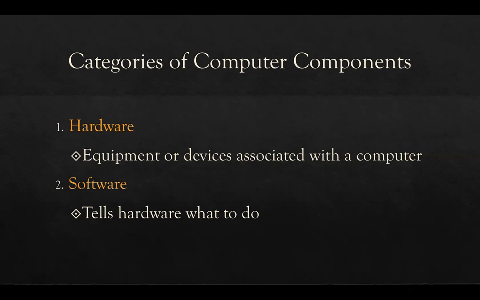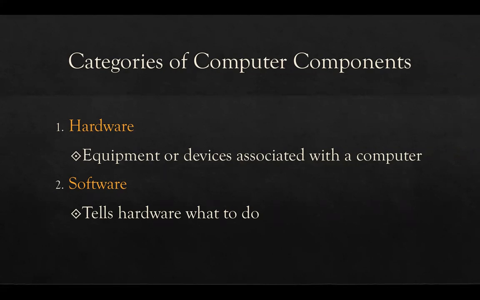Let's break down the components further by introducing a different way to categorize how computers operate. Specifically, we need to define what is accomplished using computer hardware and what is accomplished in the software of the computer. So terminology time.